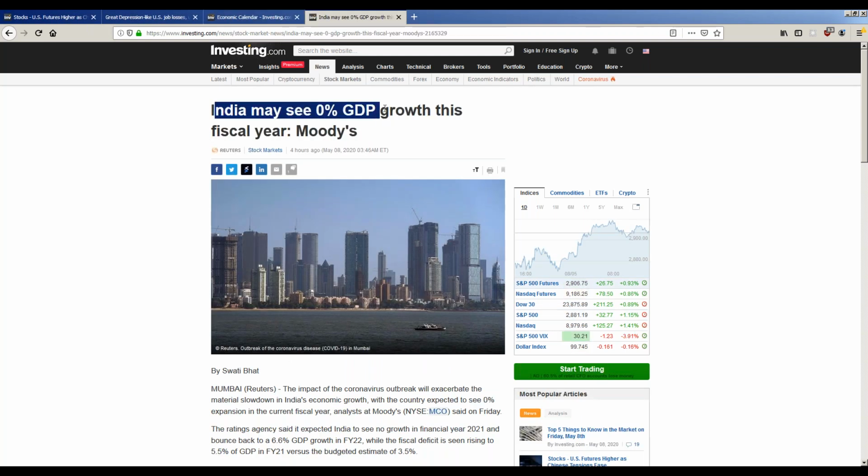Other things around the world, you're going to see more and more of this over the next months. Bearish news about different economies around the world. India may see 0% GDP growth this fiscal year. You know, that's bad, right? Really large country, lots of people, 0% GDP growth.